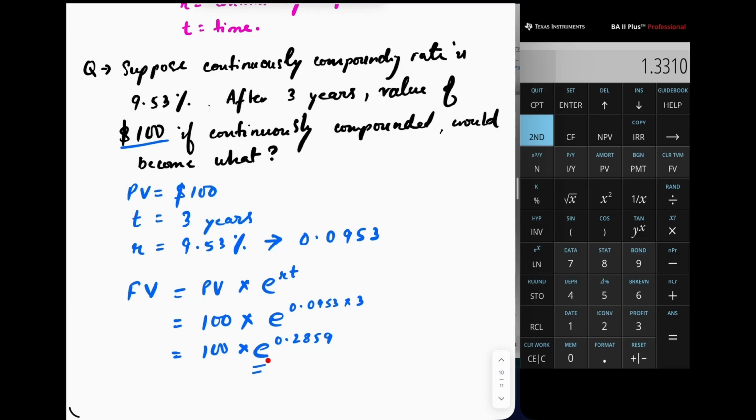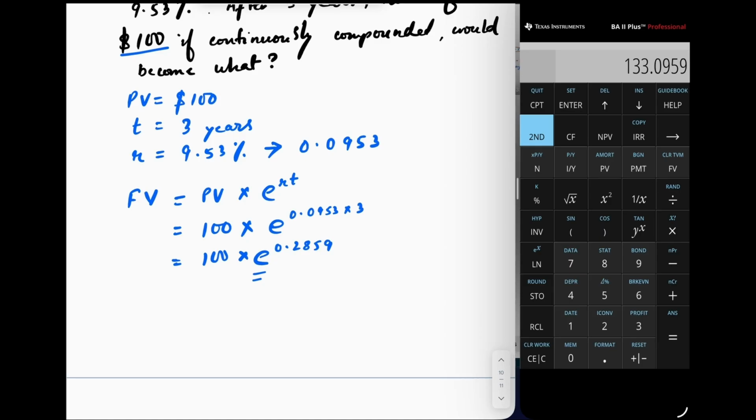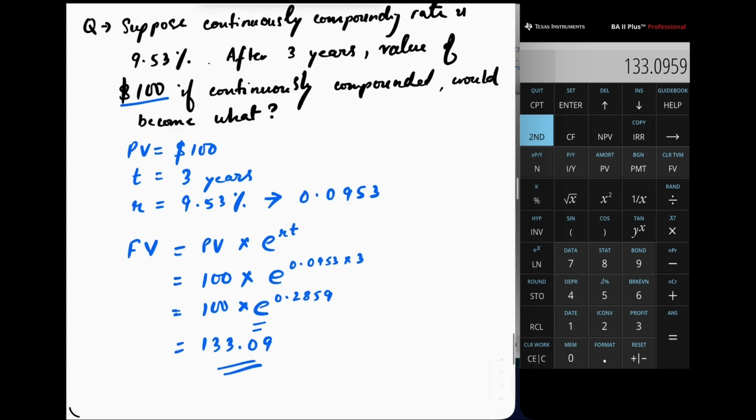And this is the value shown in the financial calculator. You just multiply by 100. So your future value is 133.09.